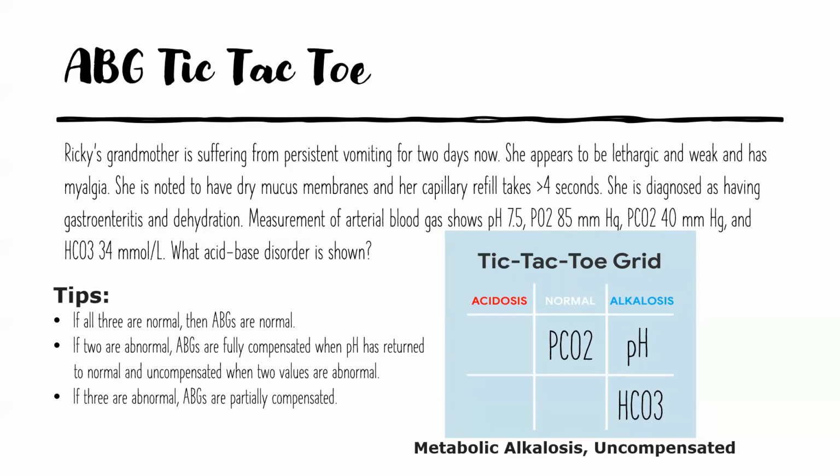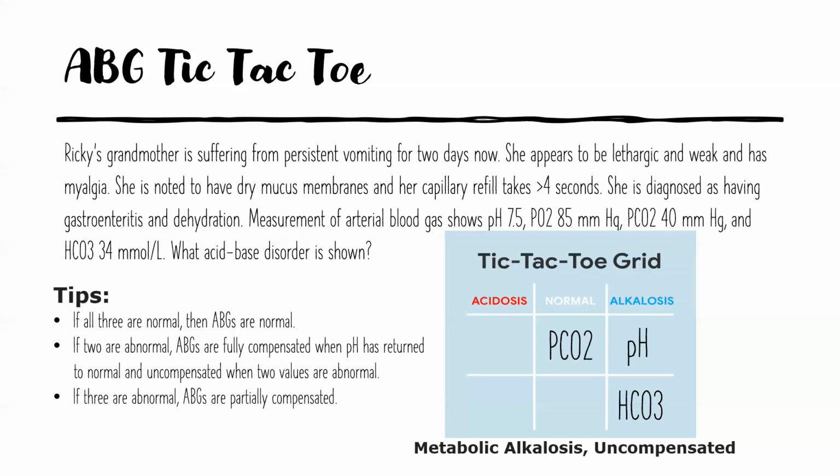Here are some tips on the left-hand side. If all three values are normal, the pH, the partial carbon dioxide, as well as the bicarbonate, then the ABGs are normal, which is not the case in this particular scenario. If two are abnormal, ABGs are fully compensated when the pH has returned to normal.